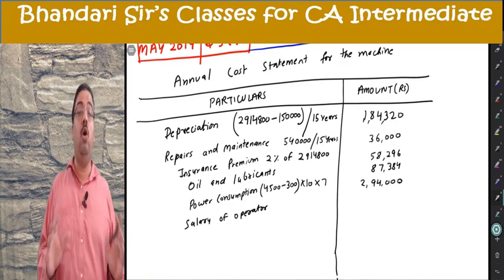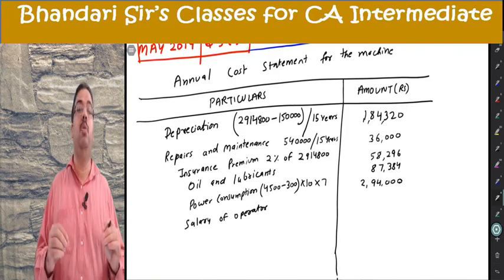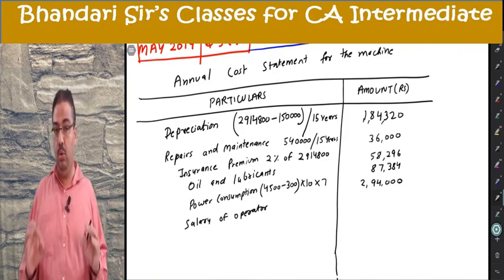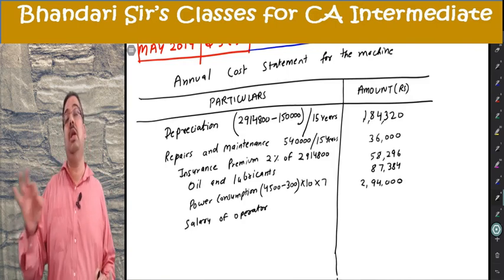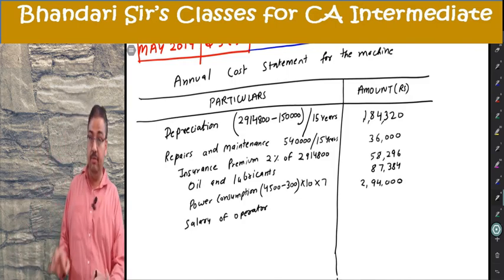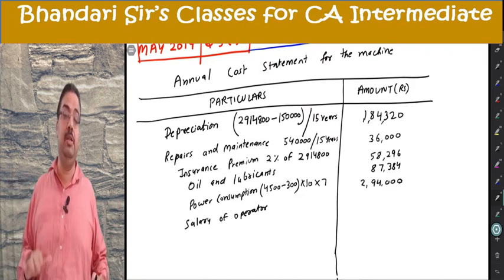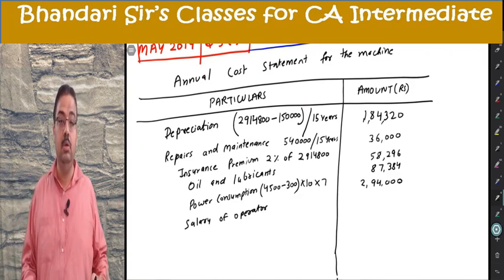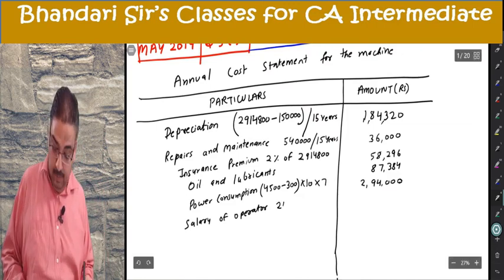If the word comprehensive were not there, then I will not include operator here. Operator is included only when we are computing comprehensive machine hour rate. In comprehensive, operator remuneration as well as machine oriented expenses are all included. So we are including this. It is 24,000 per month.